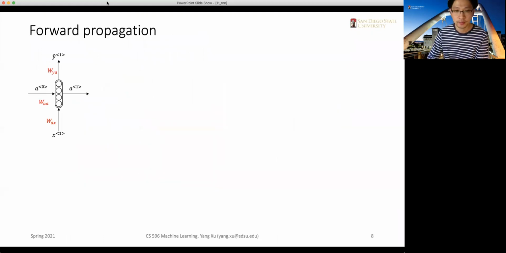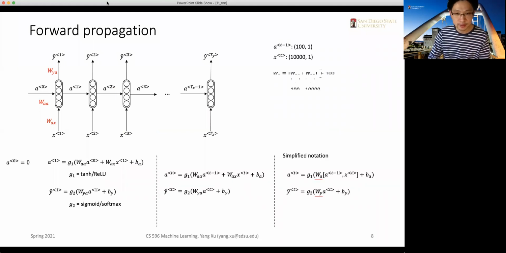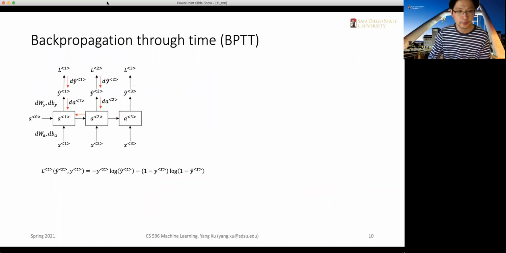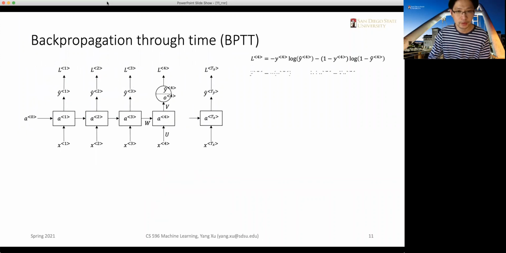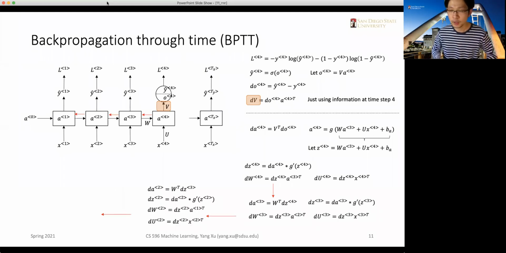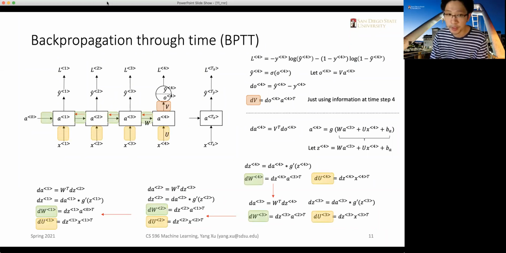So in the backward propagation, we need to take an accumulative perspective, which is that we need to sum up all the gradients for each time step and use the summation of the gradients as the total or final gradients to update all the parameters.